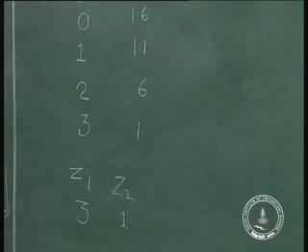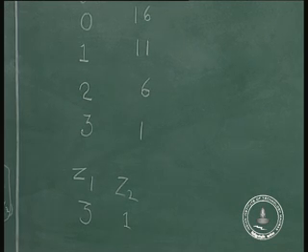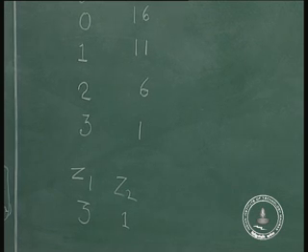Now, what does this program do? It divides x1 by x2, okay, and the quotient is given in z1 and the remainder is given in z2.